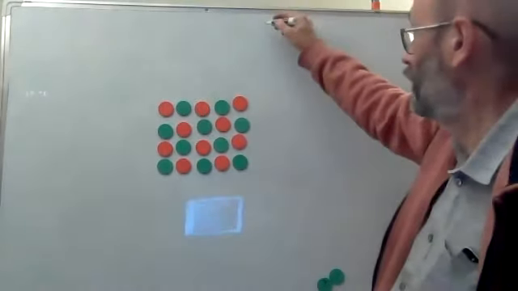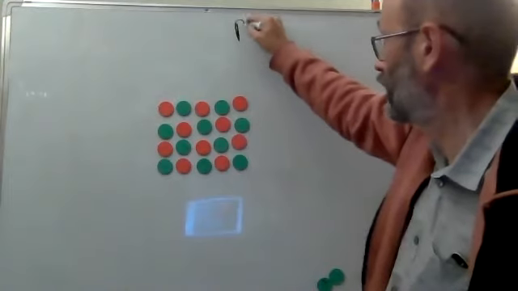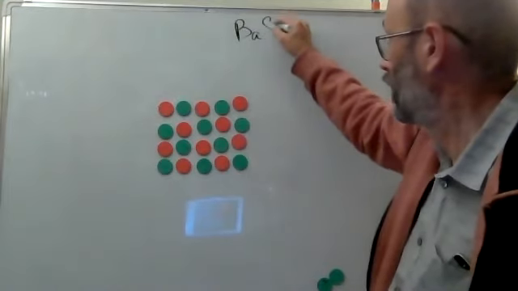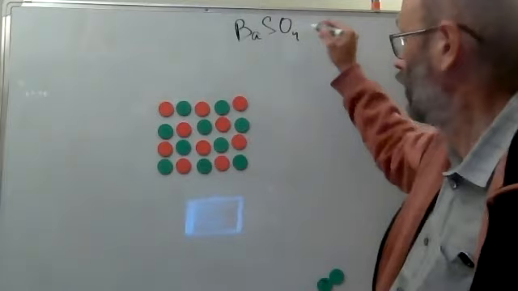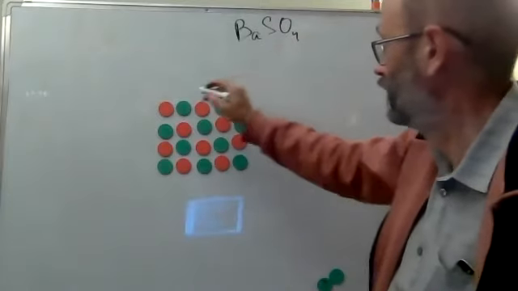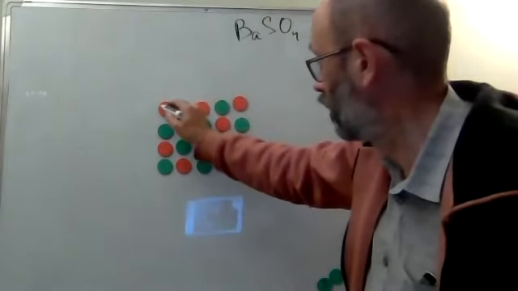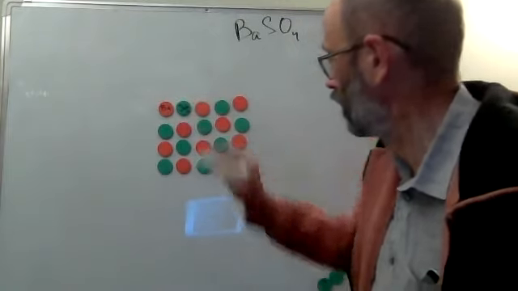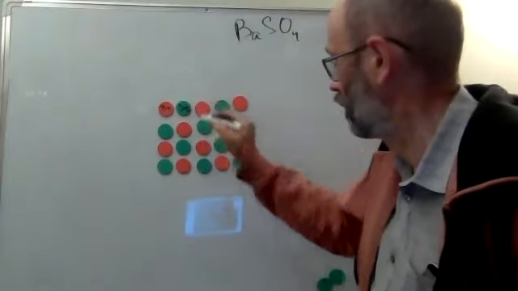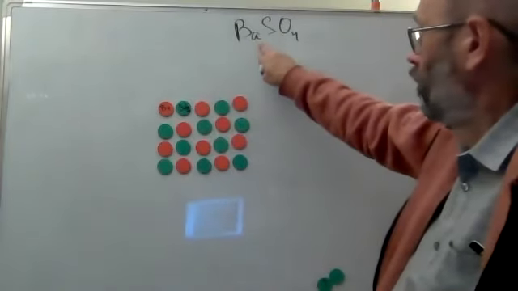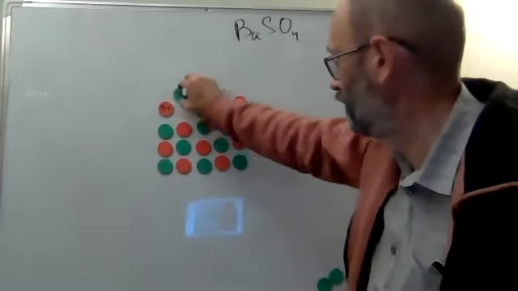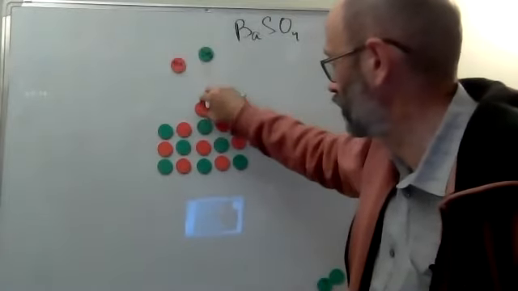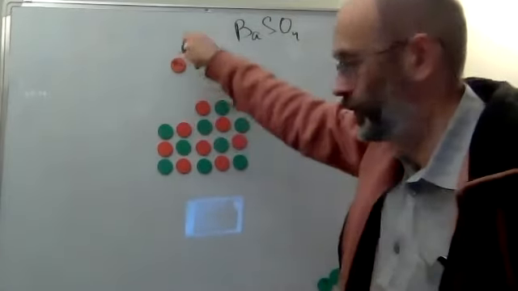So, low solubility of barium sulfate implies that, okay, this is barium, and this is the sulfate. A low solubility of barium sulfate implies that there are just few ions in the solution at equilibrium.